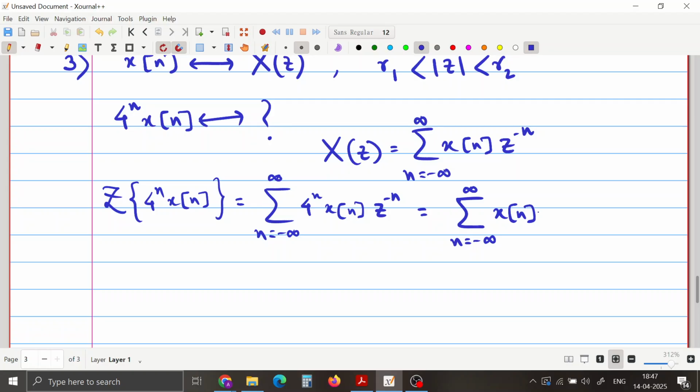So I can group this 4 to the power n and z to the power minus n terms together and write this as z by 4 whole to the power minus n, because that will give you 4 to the power n times z to the power minus n.